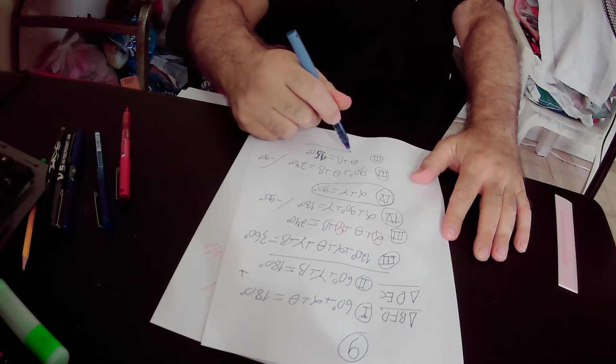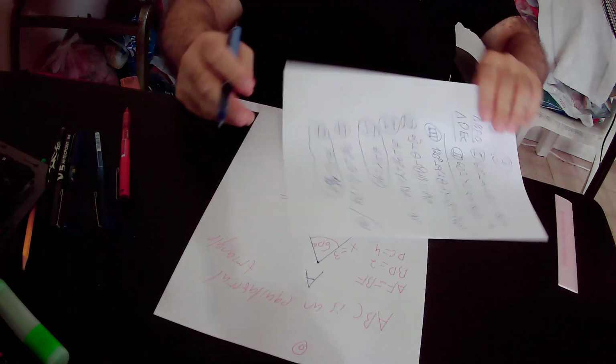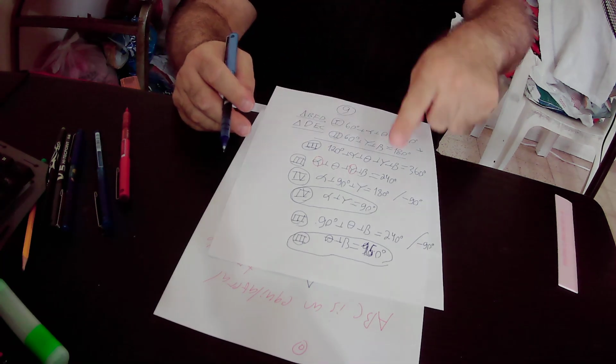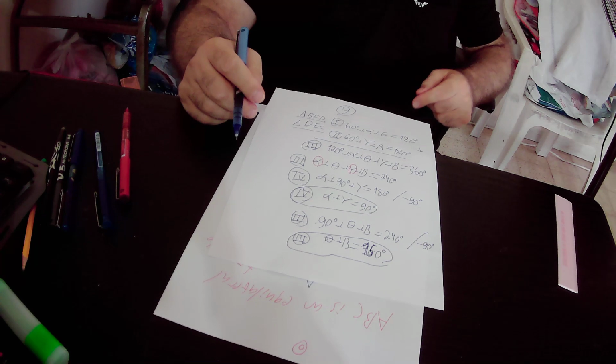So we got in the third equation that theta plus beta equals 150 degrees.